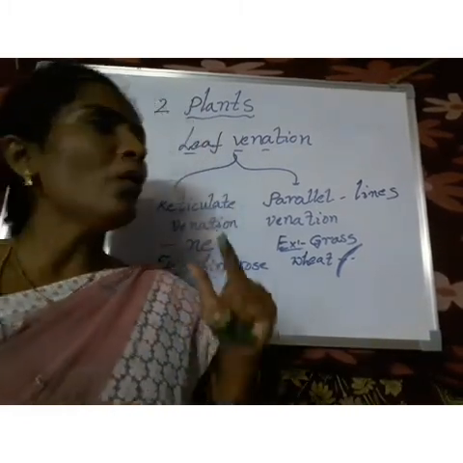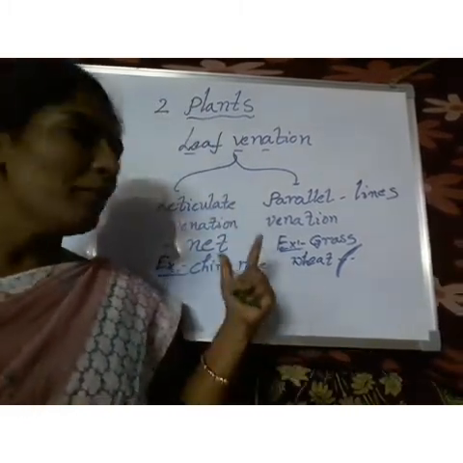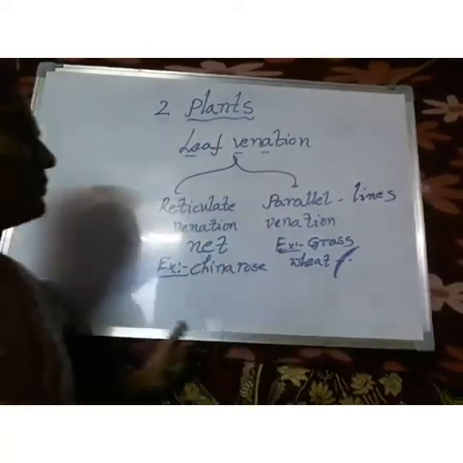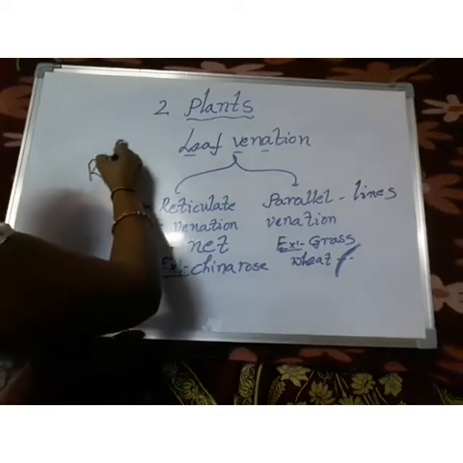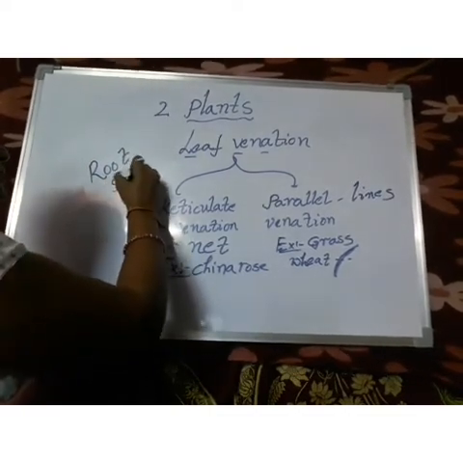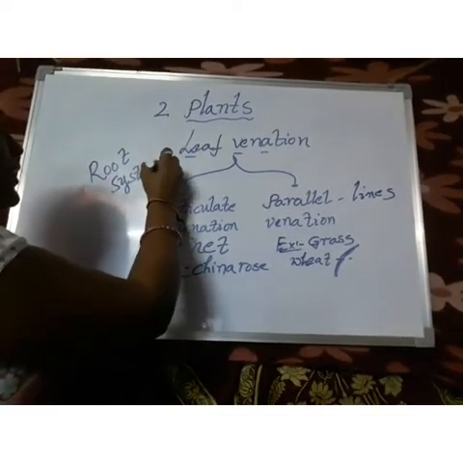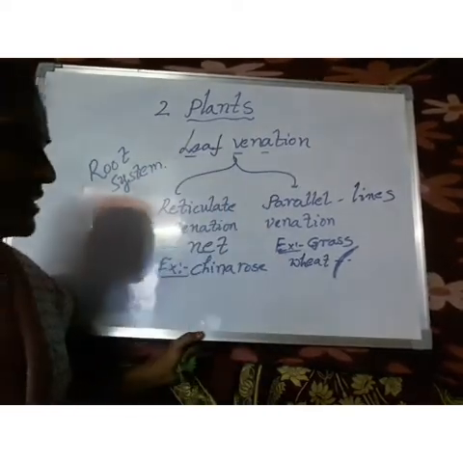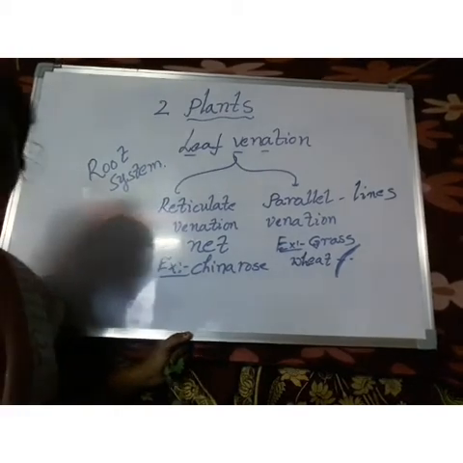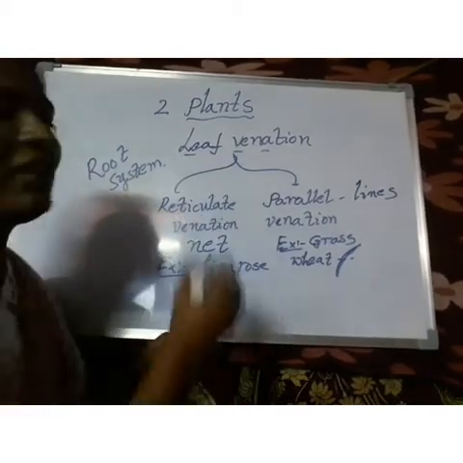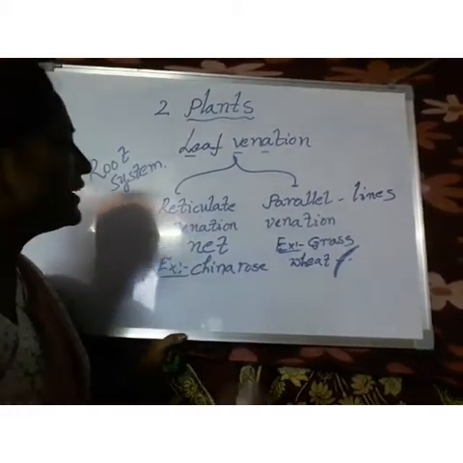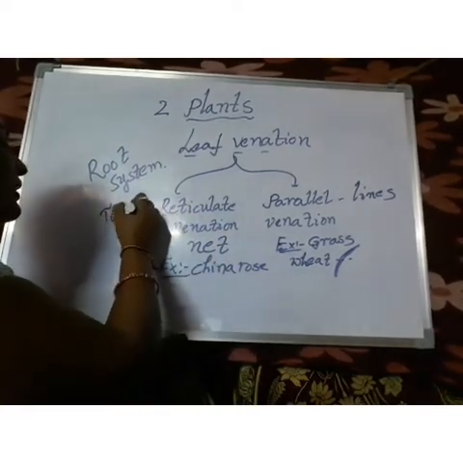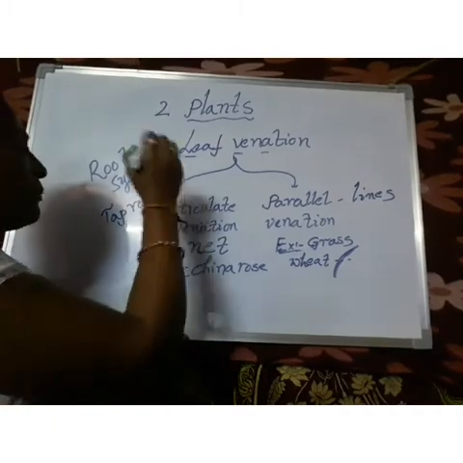Like that, there is one more relation, between leaf venation and root system. If the leaf has reticulate venation, automatically the roots are taproots. The root system is the taproot system.